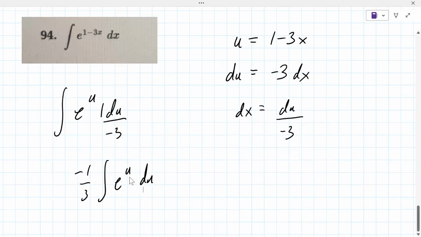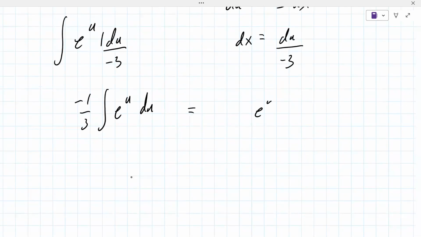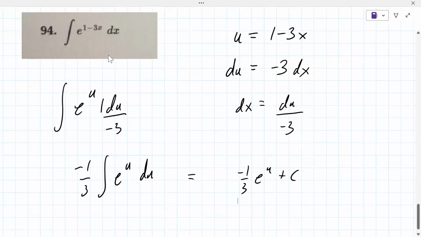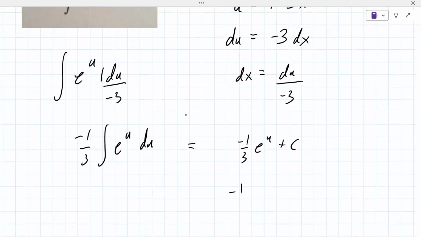And then it's just like all the other ones. The answer is e to the u plus c, but this time with that negative 1/3. Then you put that initial u back in, so it's negative 1/3 e to the 1 minus 3x plus c.